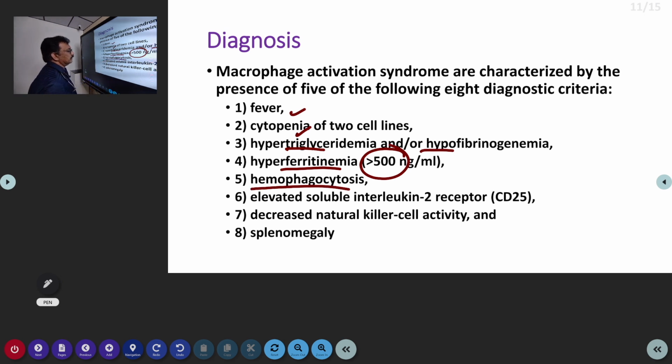Hemophagocytosis in the peripheral smear, elevated interleukin 2 receptors, elevated interleukin IL-6 also, decreased natural killer cell activity, and splenomegaly. So these are the common findings in the patients who have macrophage activation syndrome.